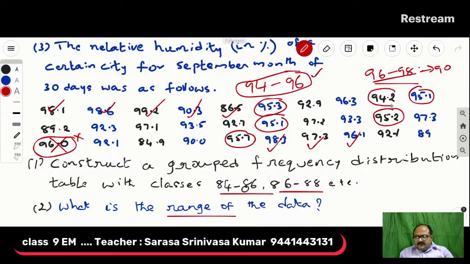Here is another value, 94.2. So that is why we should cross check the values. Here, how many observations are there in this class interval? Total 6 observations are in this class interval. So the frequency of this class interval 94 to 96 is 6.